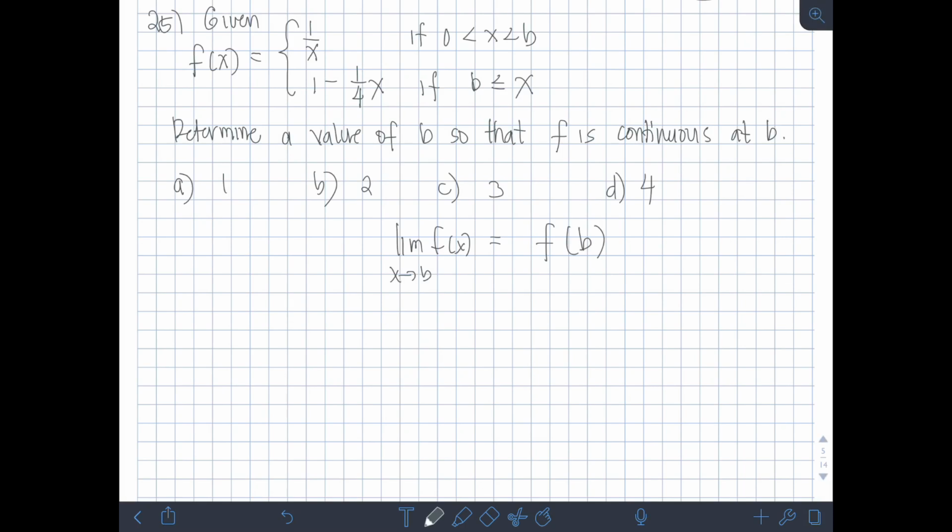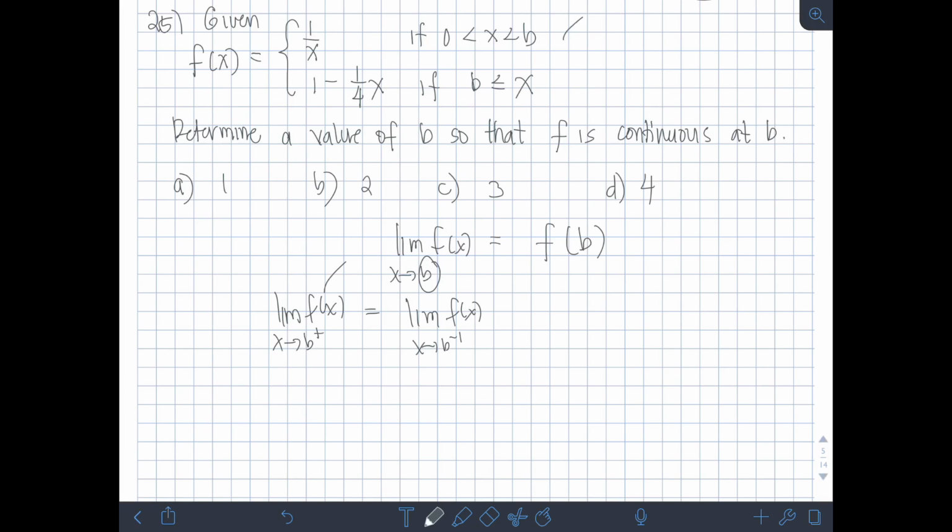Okay, so since meron tayong piecewise function, mahanap natin yung limit nitong f of x as x approaches b in two ways, yung right hand limit tsaka left hand limit. So limit of f of x as x approaches b from the right, and then dapat equal siya sa limit ng f of x as x approaches b from the left para mag-exist yung limit of f of x as x approaches dun sa actual b. So ano ba yung gagamitin nating function dito sa f of x kapag right hand side limit or x approaches b from the right?